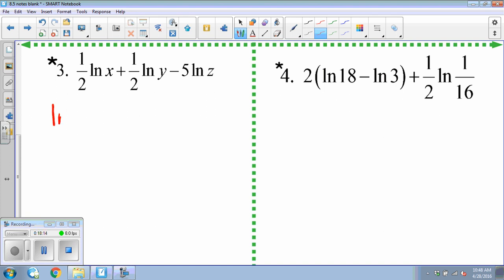So that's ln of x to the 1/2 power plus ln of y to the 1/2 power minus ln of z to the 5th power. It's better already. Okay?